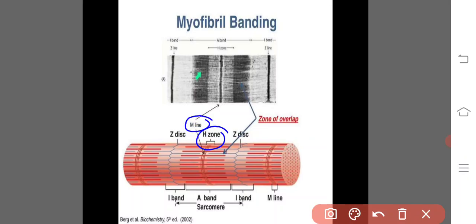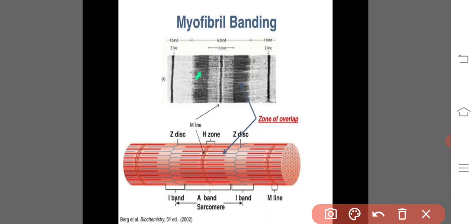If you observe the I band, it is also divided by a disc-like structure called the Z disc. In the middle of the I band you can see this disc-like structure which divides the I band. The Z disc or Z line is a filamentous network of protein forming a disc-like structure for the attachment of the actin filaments.